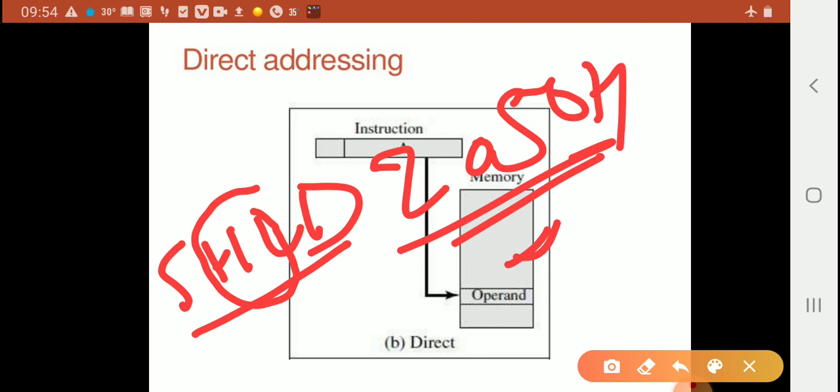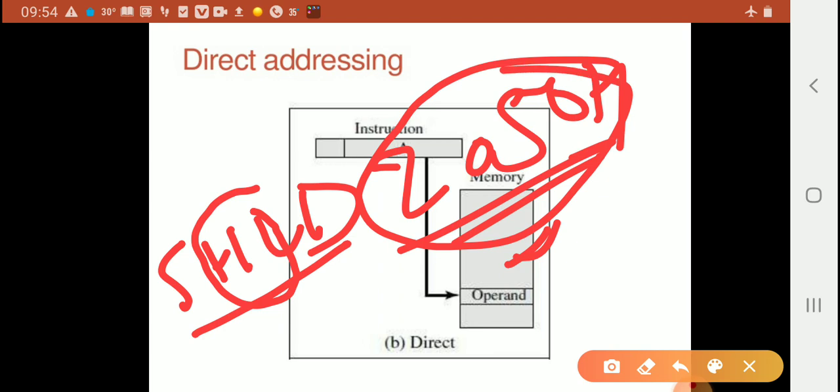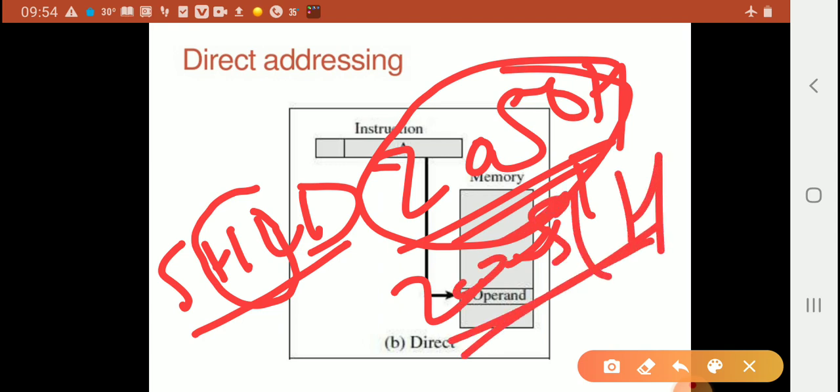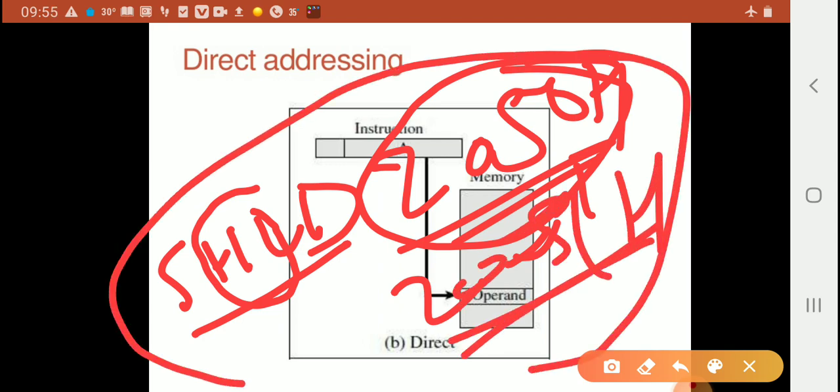The content of register L, the lower byte, goes into memory location 2050H, and the content of register H, the higher byte, goes into memory location 2051H. This is directly stored in memory location.